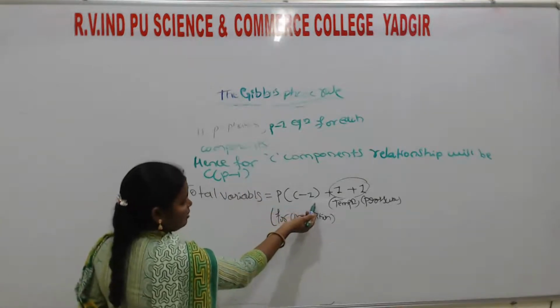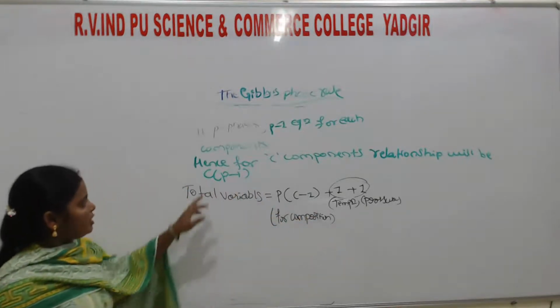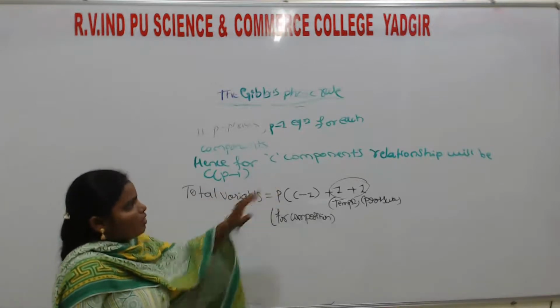So P into (C minus 1) in phases, and C into (P minus 1) in components.